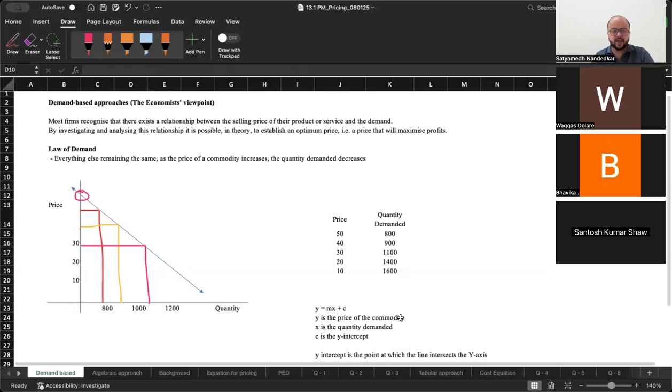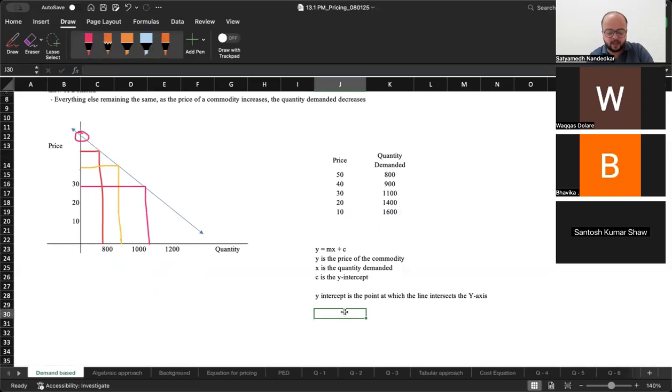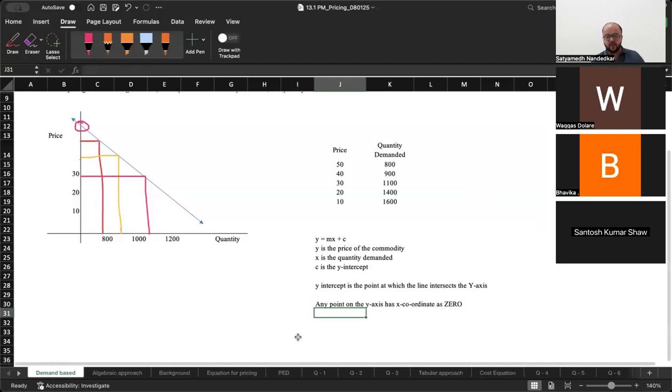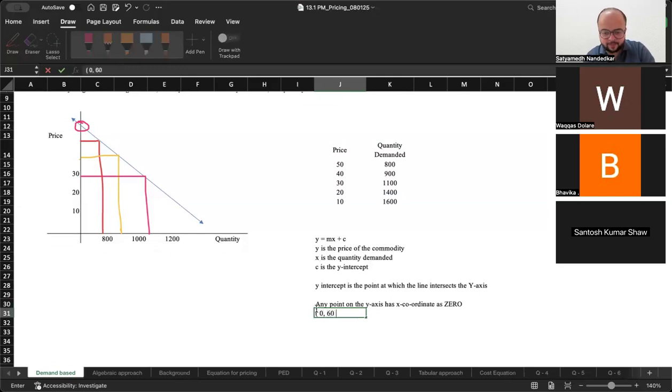Now, why is the y-intercept so important? I hope you will agree with me when I say that any point on the y-axis has x coordinate 0. If this point is on the y-axis, then its x coordinate is 0. The coordinate of this point would be something like (0, 60).